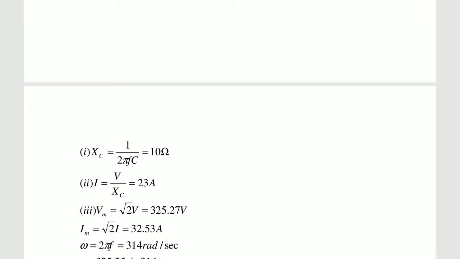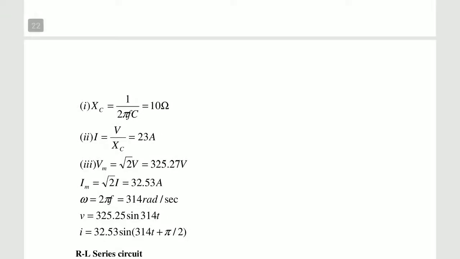The angular frequency omega is equal to 2 pi f radians per second, where f is frequency. Substituting this value, we can get the instantaneous voltage and instantaneous current equations.